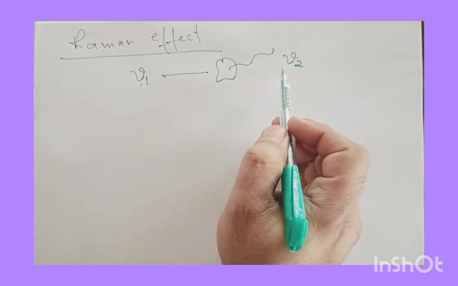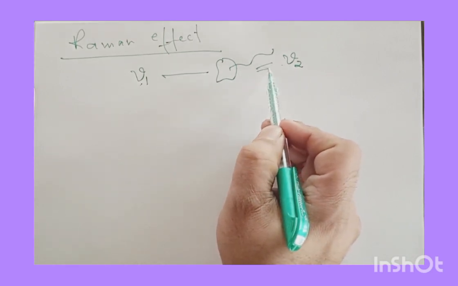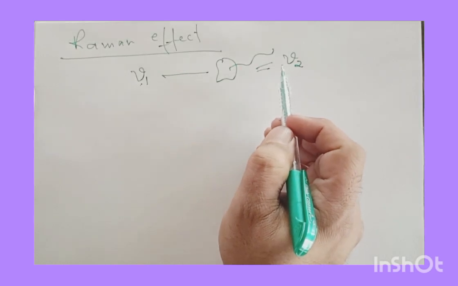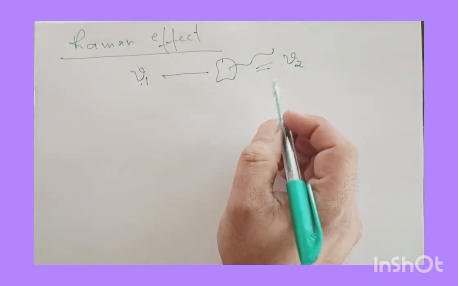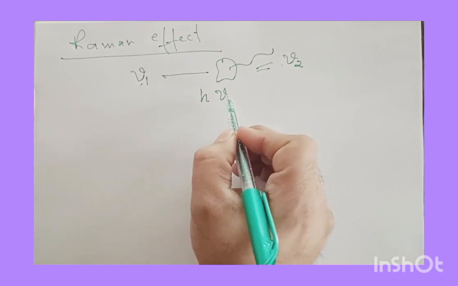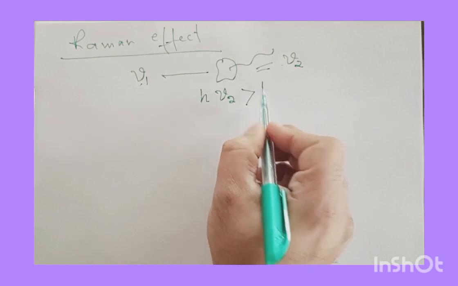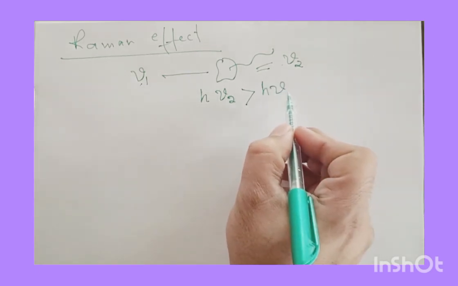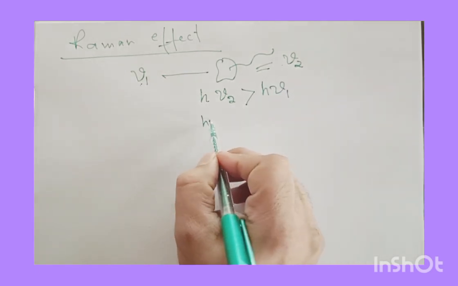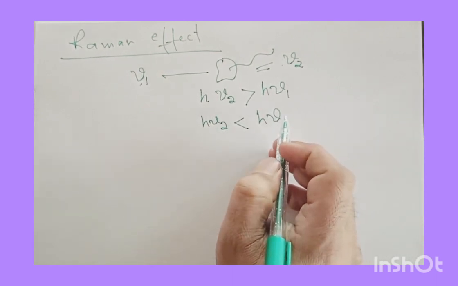The energy of the emitted photon can be greater or less than that of the incident photon. So nu 2, if I multiply it with h, h nu 2 can either be greater than h nu 1, or less than h nu 1.